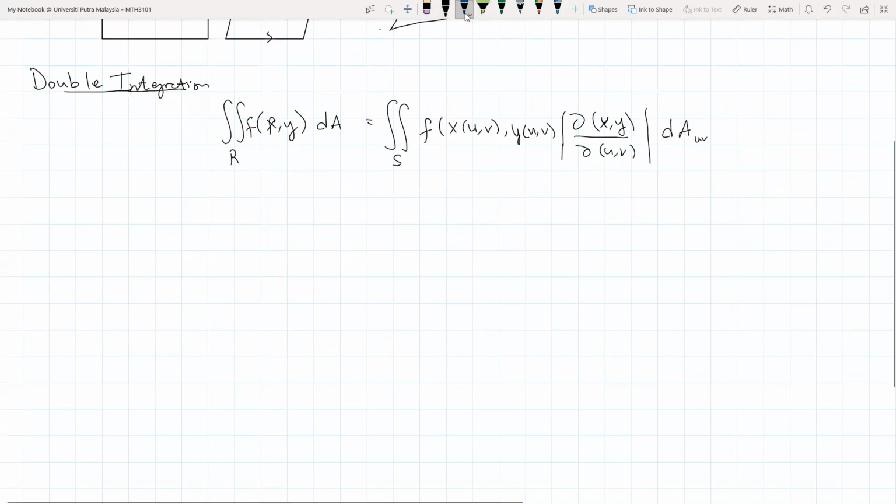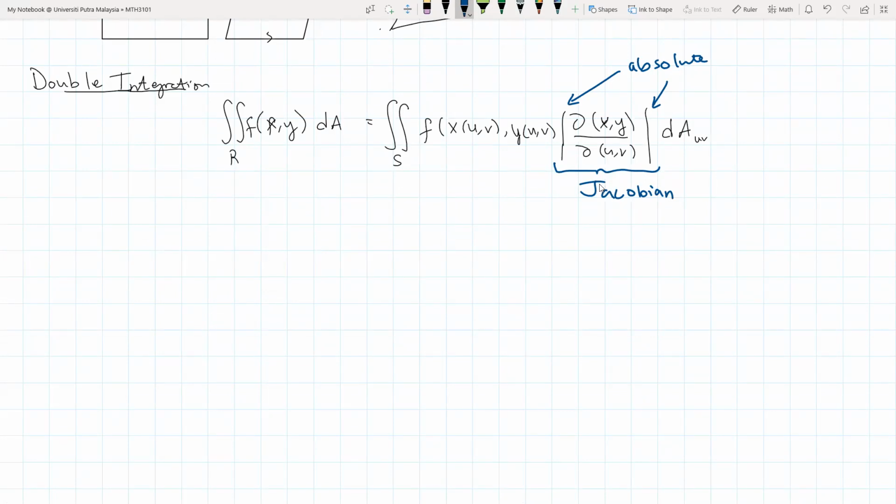This is called the Jacobian. And notice that this is the absolute value. Why? Because this Jacobian might give you a negative value, and for area to be negative, it means that it's on the other side. So intuitively, area should not be negative, but it may be in another position.